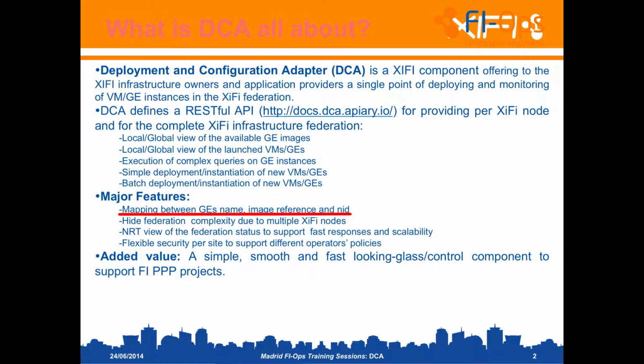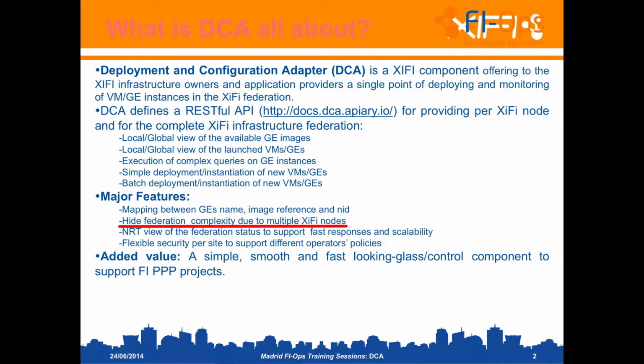Moreover, another important aspect is that it is able to hide from the end users, the users that want to retrieve this information, the complexity that is linked with the XIFI infrastructure. Indeed, we don't see all the nodes' information, but only a single point where this information is collected and then retrieved if you need it.